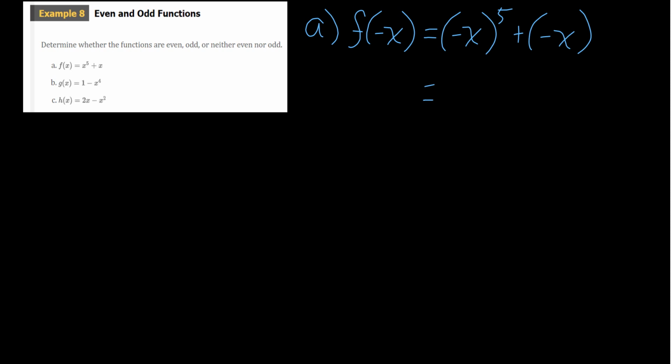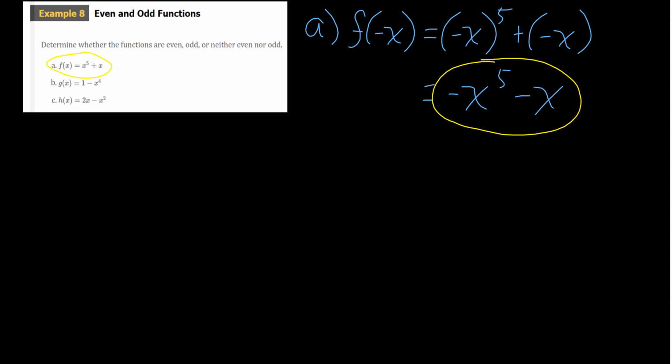Well, that's just negative x to the 5th power. All right, plus a negative x, so it's going to be a minus x. Okay, so I'm going to ask myself, looking at this function here, is it the exact same as this function? Well, no, right? This one is negative x to the 5th, and this one's a positive x. This one's a negative x, and this one's a positive x, right?